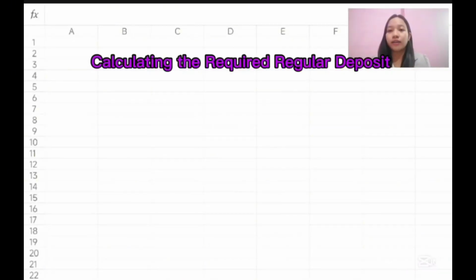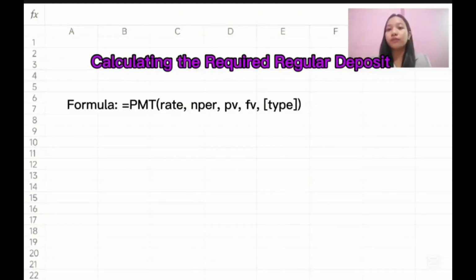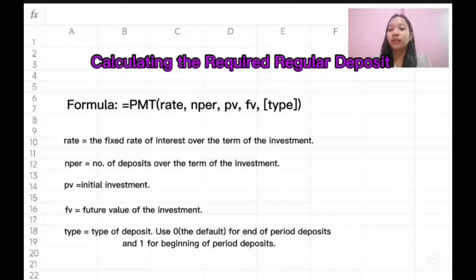Hello everyone, I am Mikaellah Reyes and I am discussing to you on how to calculate the required regular deposit. So our formula here is equal sign PMT and we get the rate. So the rate here is fixed rate of interest over the term of the investment.